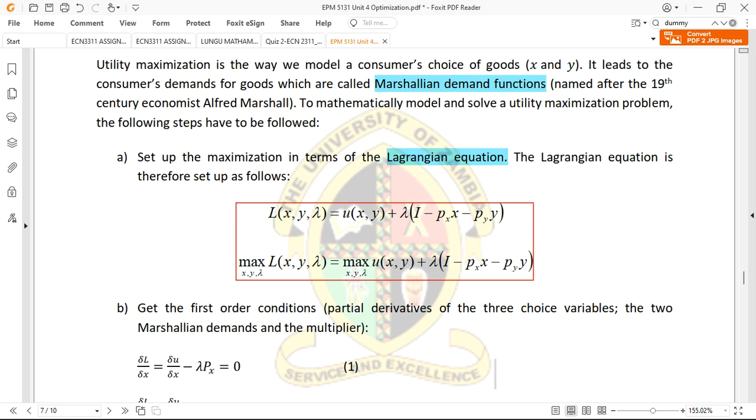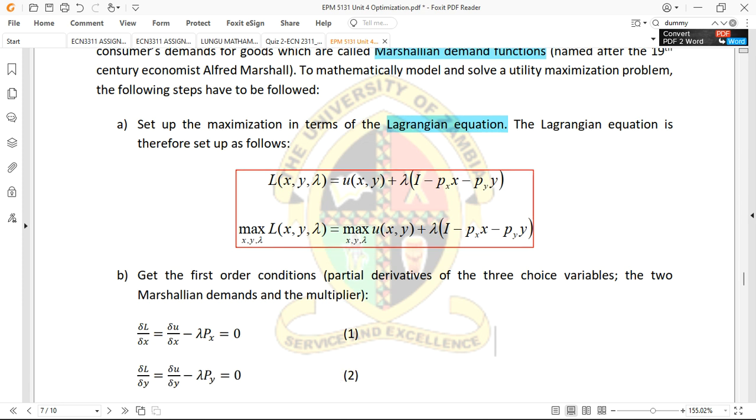It is equal to our objective function, plus lambda open brackets, we take px x and py y to the other side, meaning that after crossing the equal sign, both of them have to be negative. Then we are going to get the maximum values of x, y, and lambda.